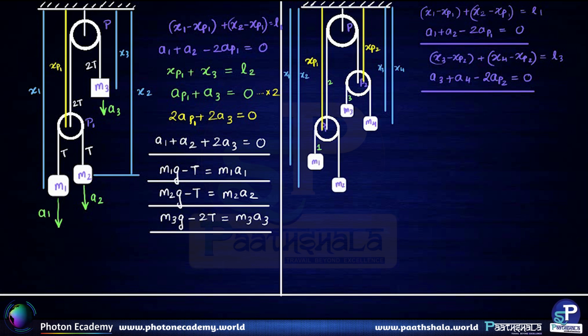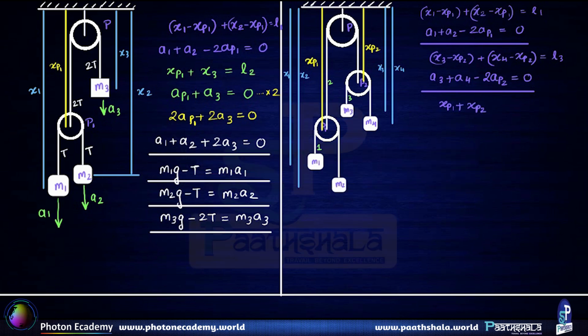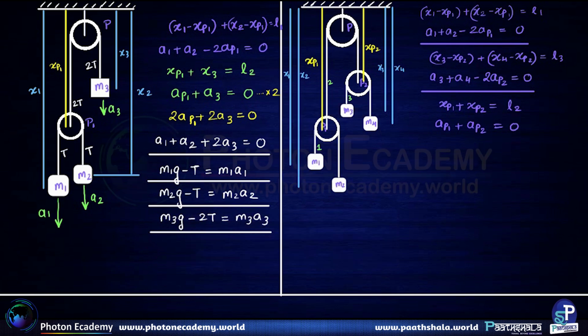Now talking about string 2, the constraint equation can be written down as xp1 plus xp2 is equal to length of string 2. On double differentiating we get ap1 plus ap2 to be equal to 0. So this is the third constraint equation.